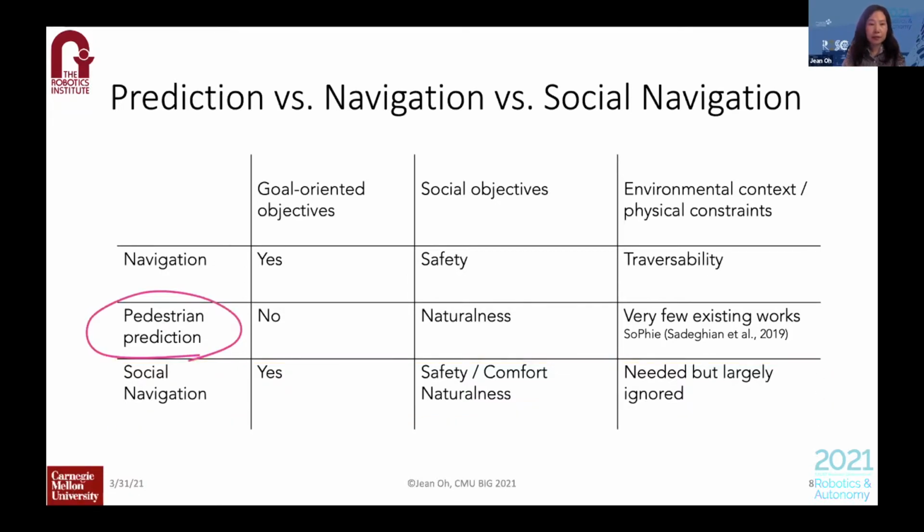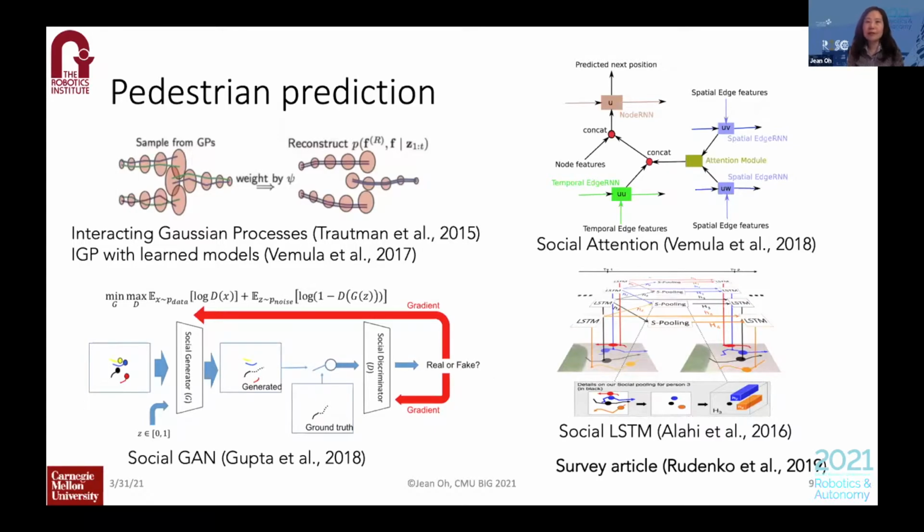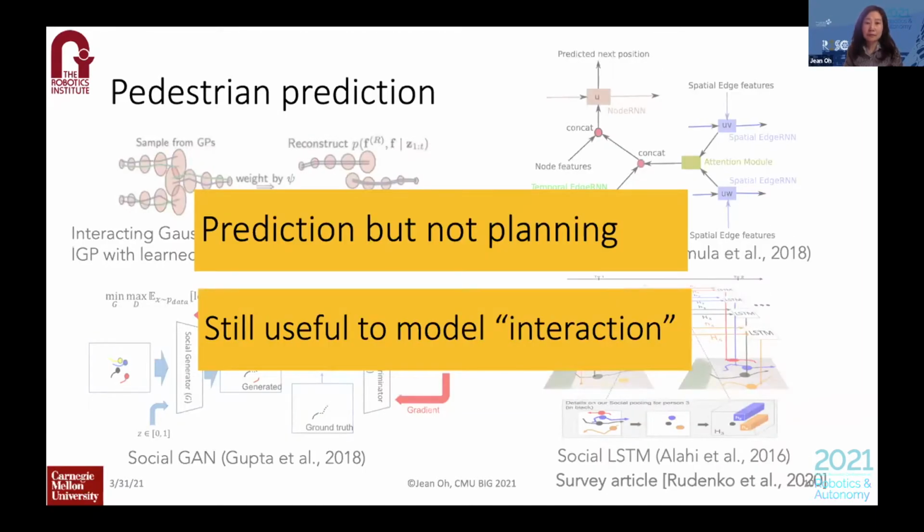I will first start by describing work on pedestrian prediction a little bit, even if it's not navigation. To summarize what has been done in recent years, there was a lot of existing work using non-parametric methods before deep learning, and after that people started using deep learning approaches, mostly recurrent neural nets and LSTMs. There was a lot of interesting work, and it is great, but these are predictions, so we can't directly use these algorithms for robot planning, for instance.